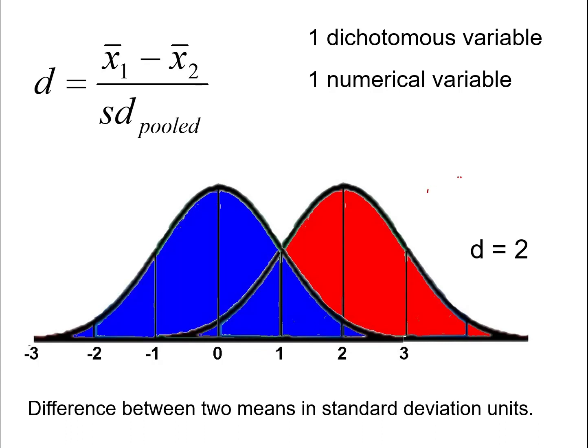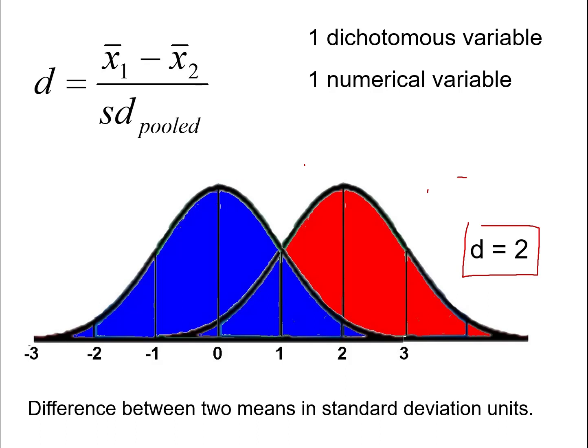Now, one question I want to ask before I move on here is, when you look at this treatment size, what do you think about this? If I said I have this treatment for depression, and I did a study and calculated my effect size and got a D of 2, so that means I got an effect size that looks like this.